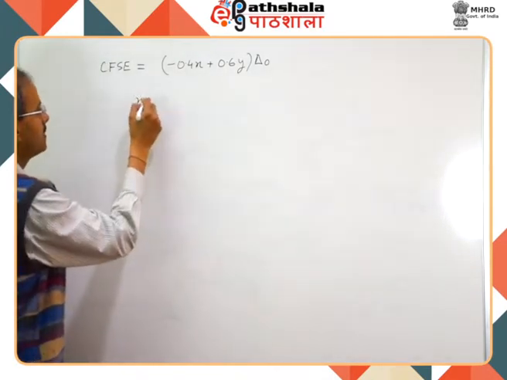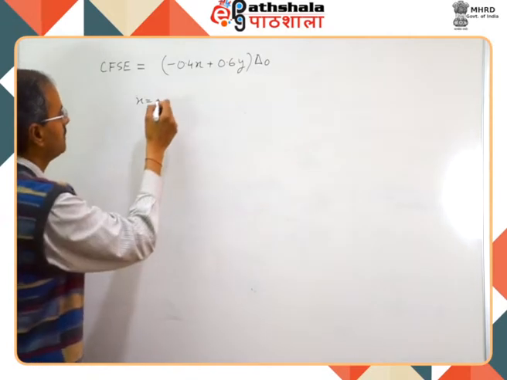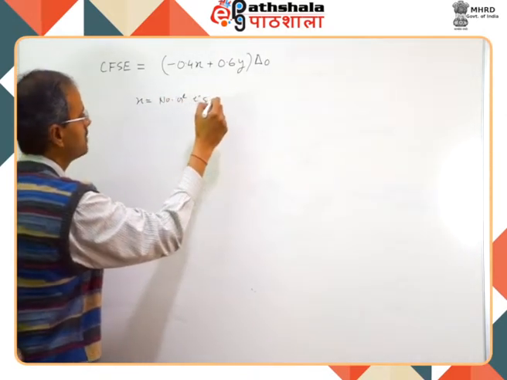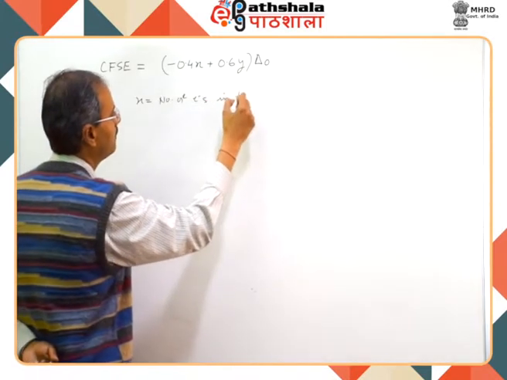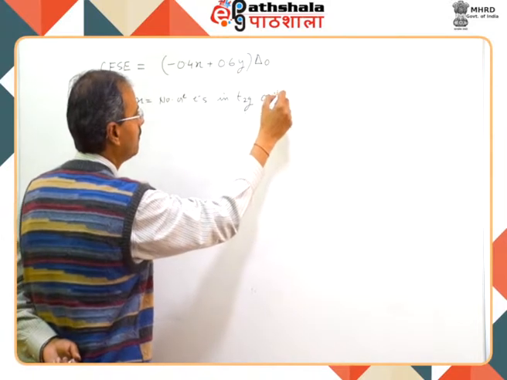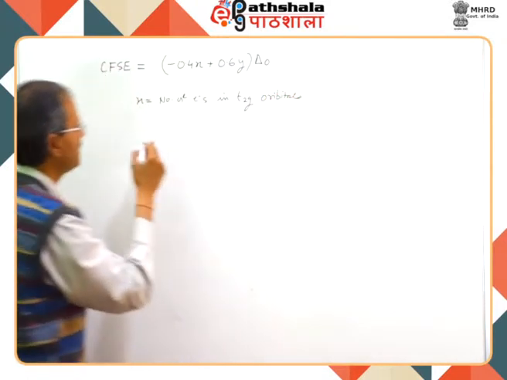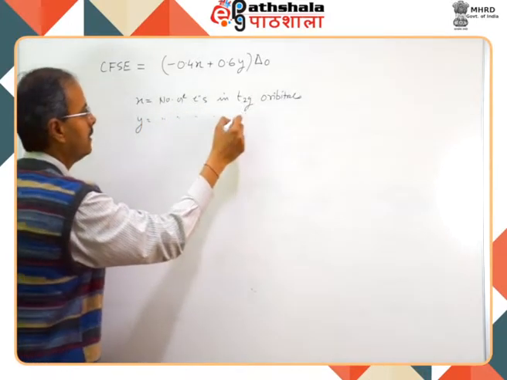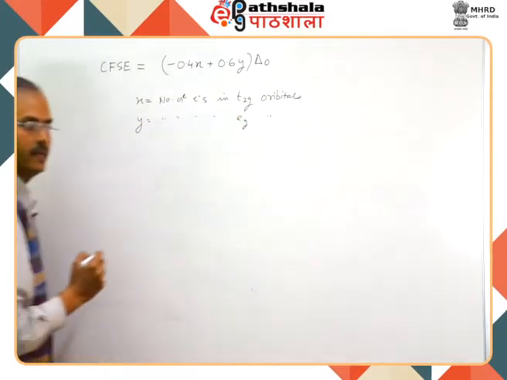Remember, x is the number of electrons in the T2G set of orbitals, and y is the number of electrons in the EG set of orbitals.